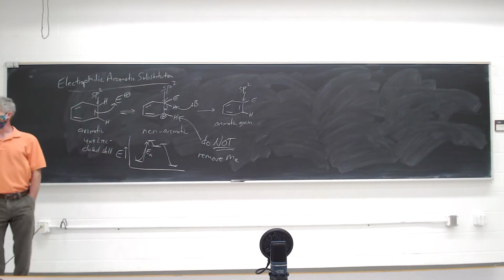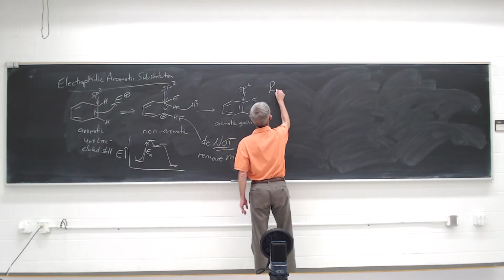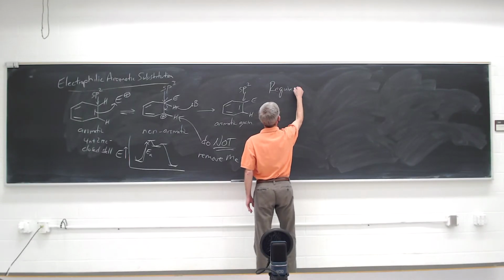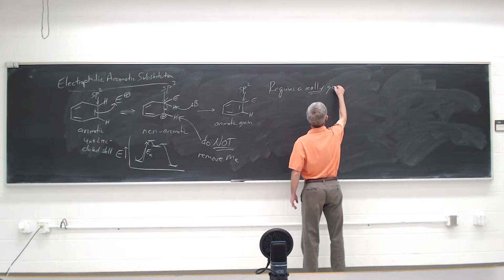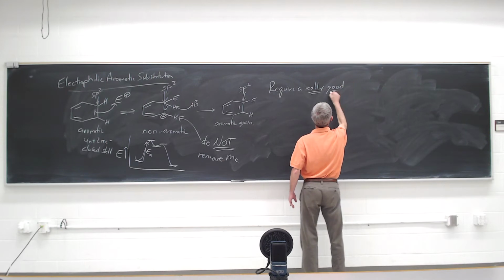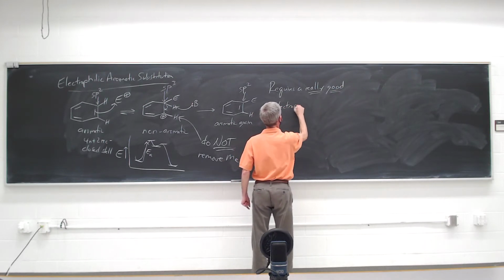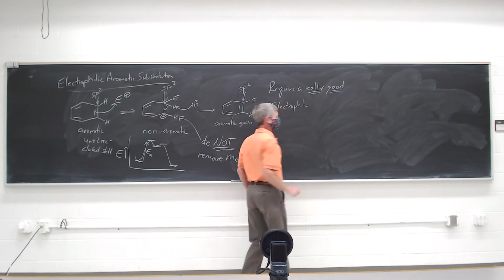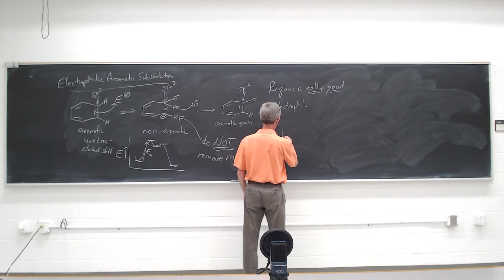So in order to get that reaction to go at all, your electrophile has to be really good. The electrophiles that you're used to attacking with the regular pi bond just aren't going to be good enough.